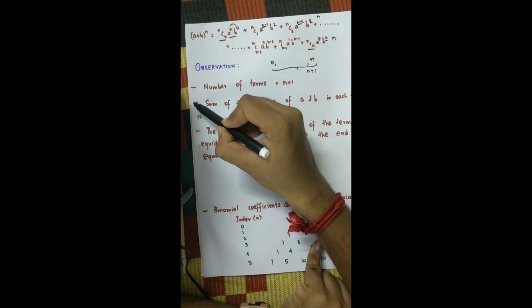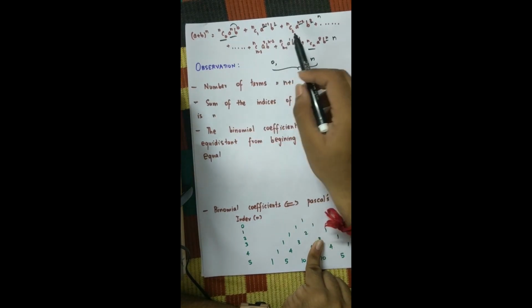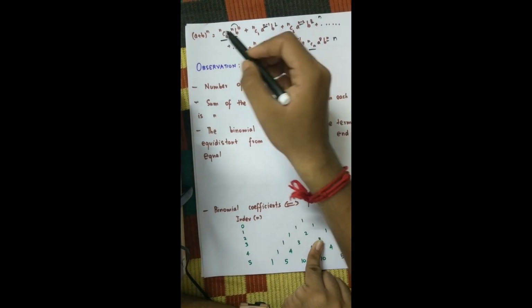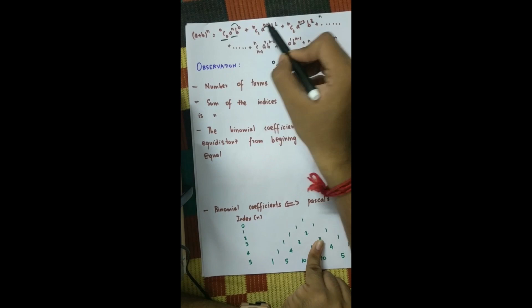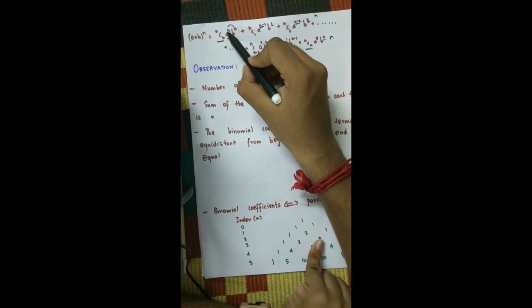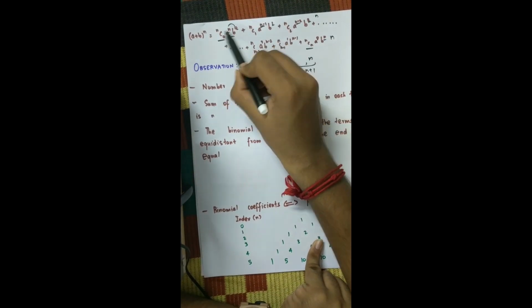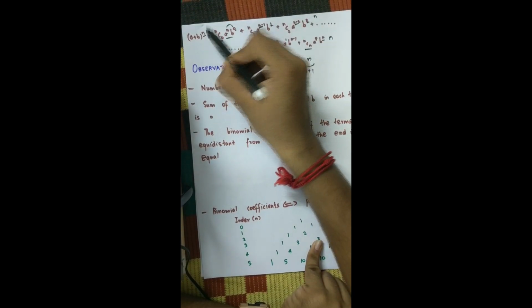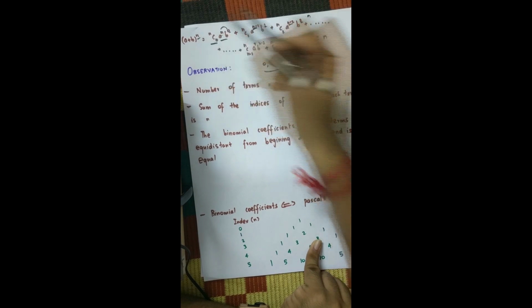This property is quite useful in checking whether you have written the term correctly or not. If you have any doubt while writing it, just add these powers and check whether that is equal to the power of a plus b the whole power n.